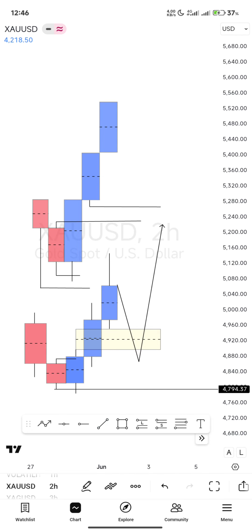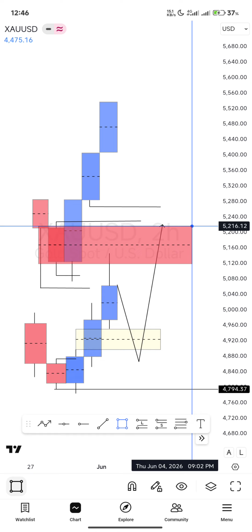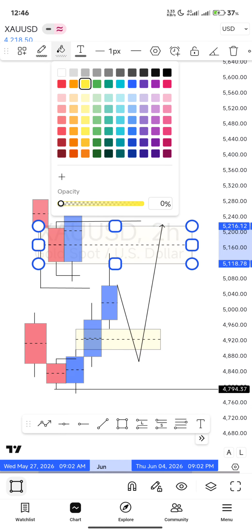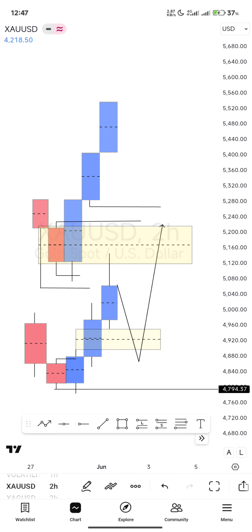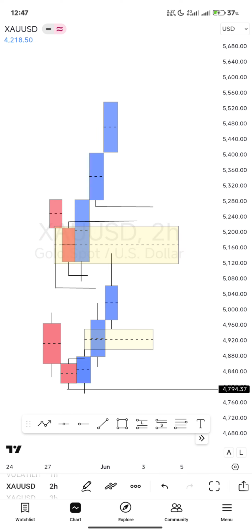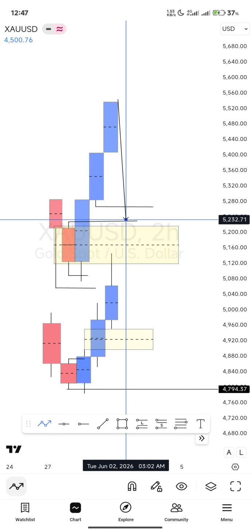So this is also a valid order block. What we expect price to do is make a retracement into this fair value gap.